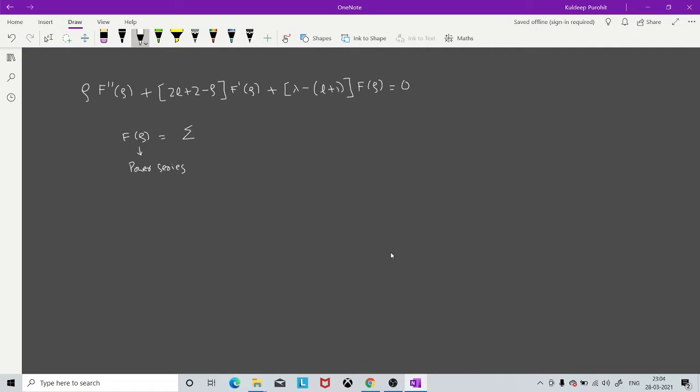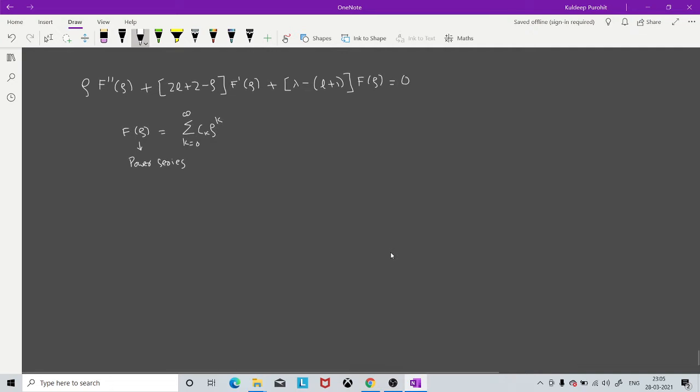It can be defined as the sum from k equal to 0 to infinity of ck, which is just some coefficient, times rho to the power k. Using this power series you can calculate f double dash of rho, f dash of rho, and f of rho is this thing itself. So this will be looking like this.